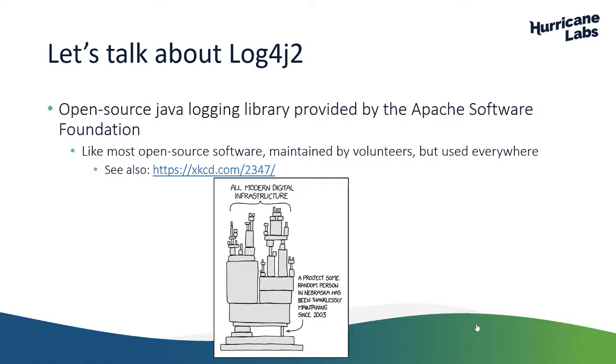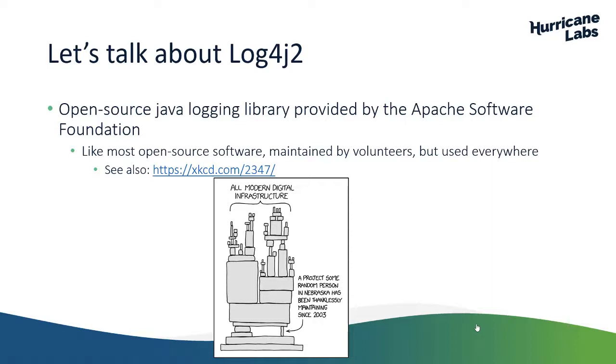Like a lot of open source software out there, it's maintained by volunteers who often just do it for the fun or don't even get paid to do it. To that effect, I provided a link to a somewhat snide but altogether true XKCD comic down here, where we see a Jenga stack of blocks depicting modern digital infrastructure in the cloud and in enterprise networks all over the place, and you see a tiny little stick piece down in the bottom labeled here, project some person in Nebraska has been thanklessly maintaining since 2003.